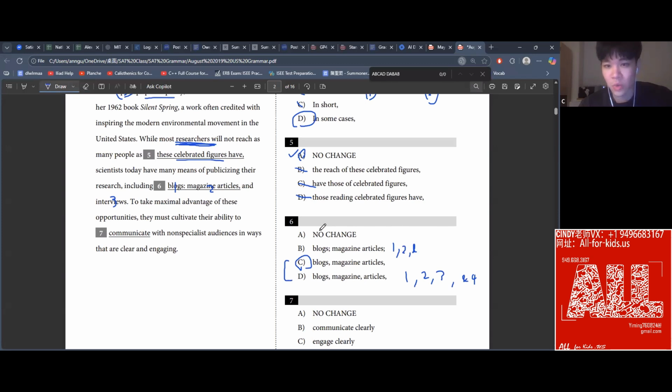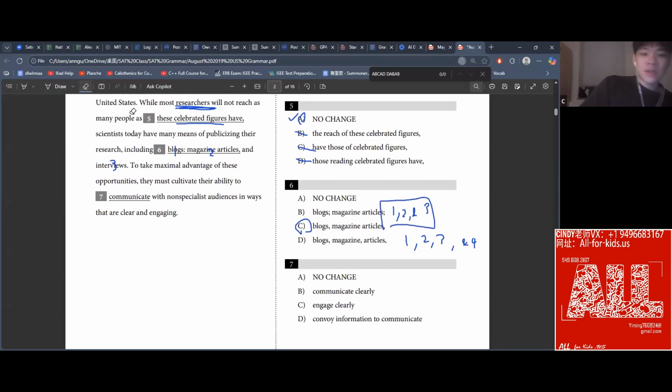The reason C is right is because we see blogs, plural, articles, plural, and interviews, plural. The problem with D is that it says blog, magazine, singular, articles, and then interviews. So we know that this cannot be a separate thing. We know it can't be 1, 2, 3, and 4. It has to be 1, 2, and 3. It's because the plurality here is wrong.